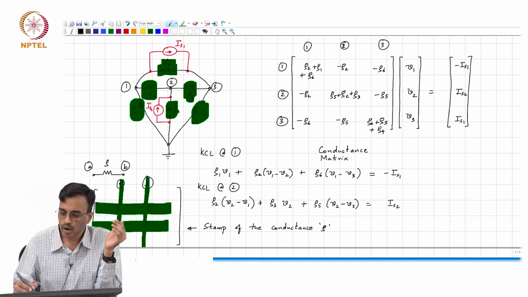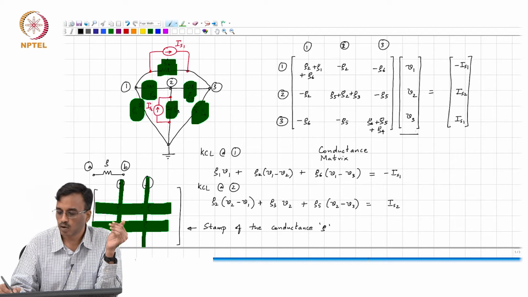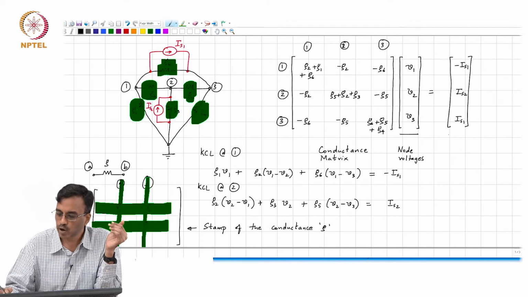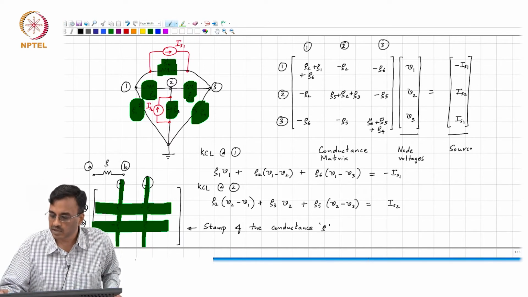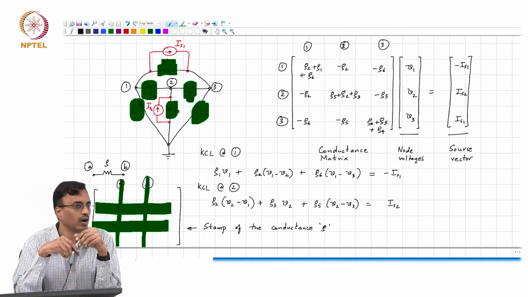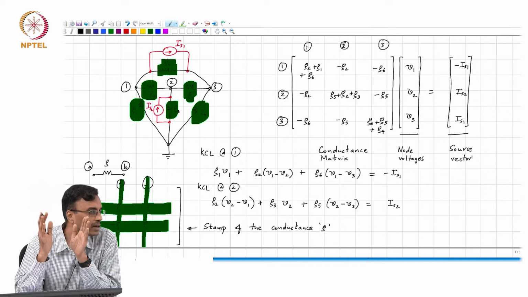So, on the left side you have the conductance matrix. These are the node voltages which are the unknowns. On the right side you have the source matrix, or source vector, I must say, where you have all the independent sources, correct.